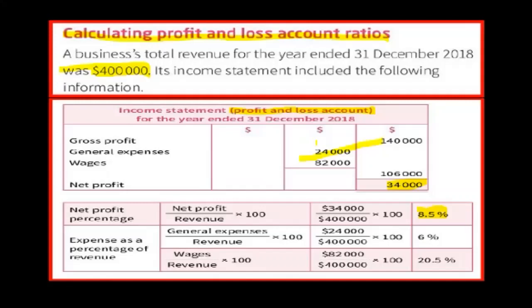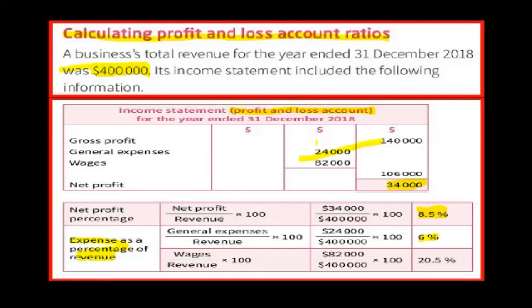Okay, the general expenses. We can choose this one here, 2,400 over 400,000, and we multiply by 100, we get 6%.